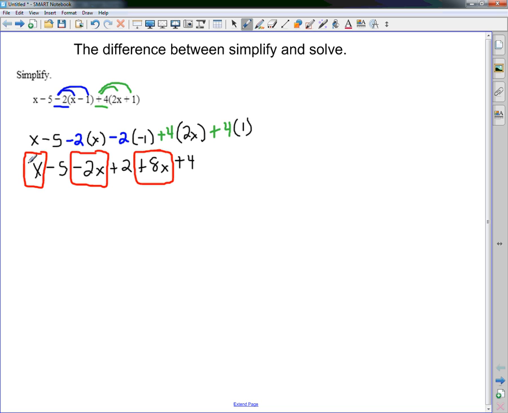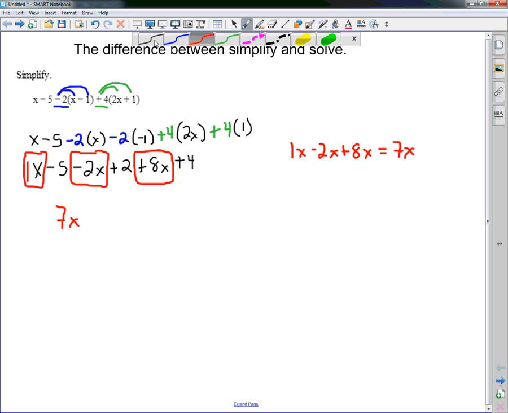So this is a 1 here. 1 minus 2x gives me a -1x, plus 8x gives me 7x. If you need to write that out, we have 1x minus 2x plus 8x. That's where that 7x is coming from.